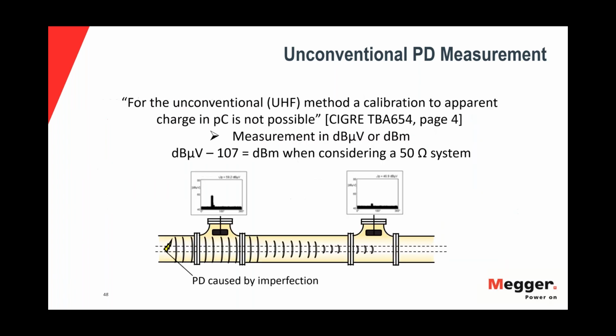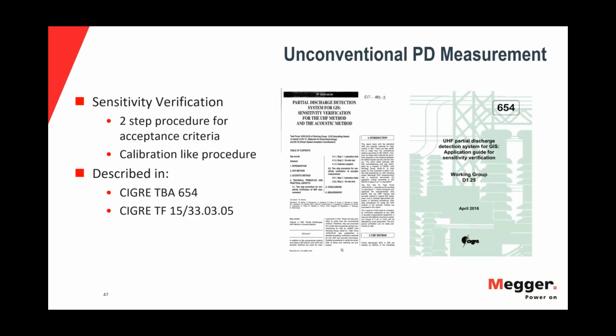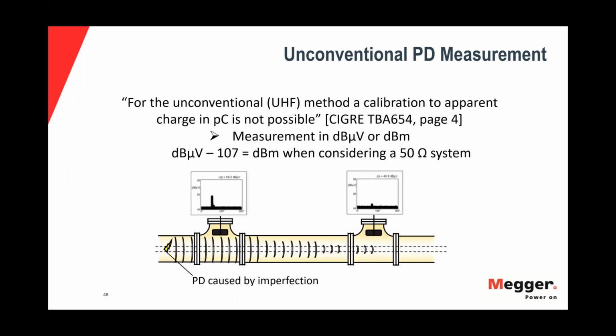It is described in the CIGRE standard mentioned here. Basically, for unconventional measurement like UHF, calibration of apparent charge in picocoulomb is not possible. That's from CIGRE TB 654, page 4. So the measurement will be in dB microvolt or dBm.